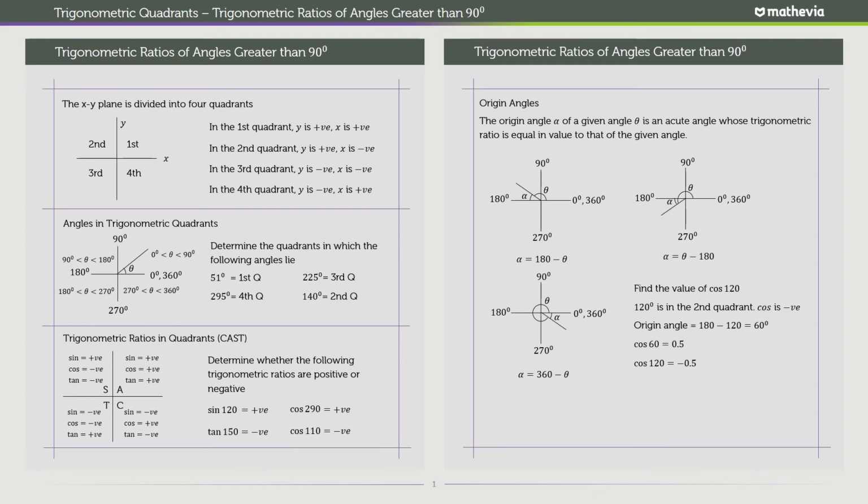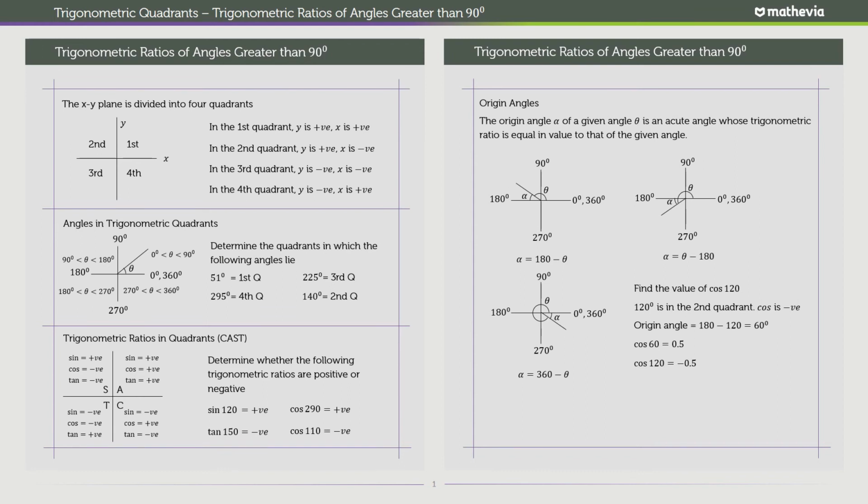The first thing you need to do is identify the quadrant in which your angle falls, and in this case, we have 120. Then we look at 120 and see whether the cosine is positive or negative in that quadrant. It's negative. So we know the cosine of 120 is negative, but now we need to find the actual value.